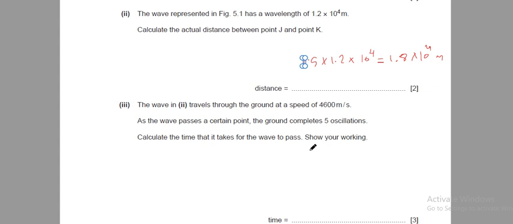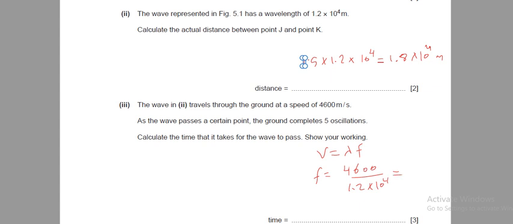Wave in ground travels through ground at speed of 4,600 meters per second. As wave passes a certain point, the ground completes 5 oscillations. Calculate time it takes for wave to pass. Show your work. So as we know, v equals lambda f. So frequency is v over lambda.